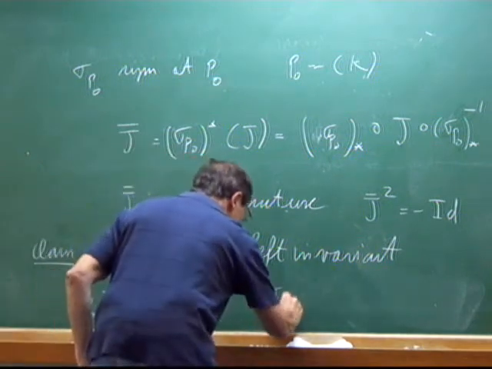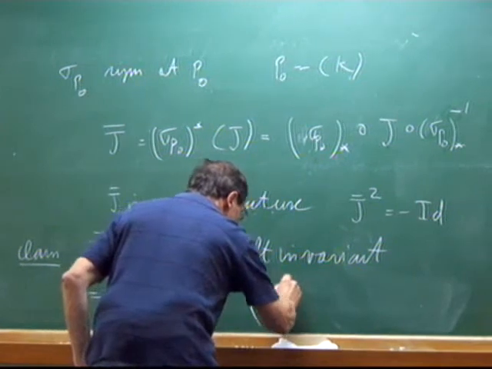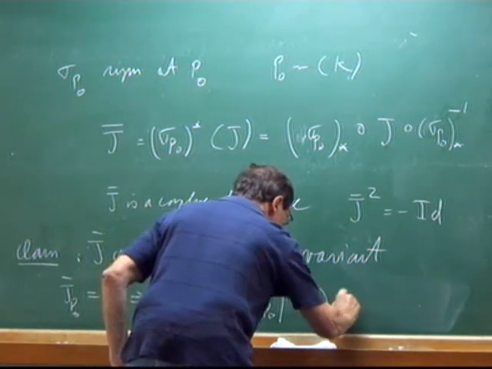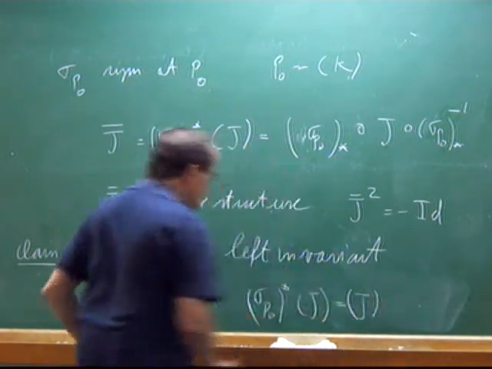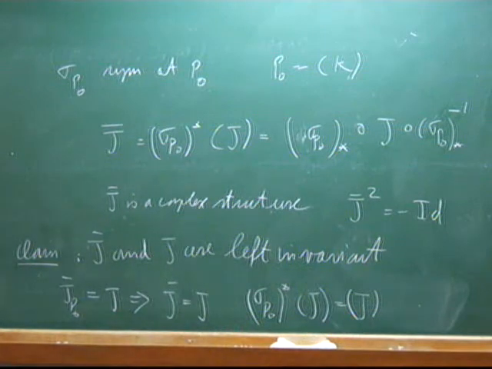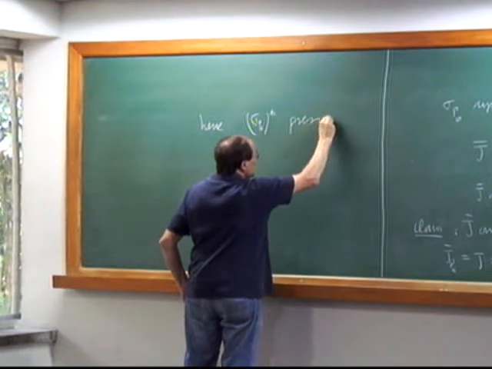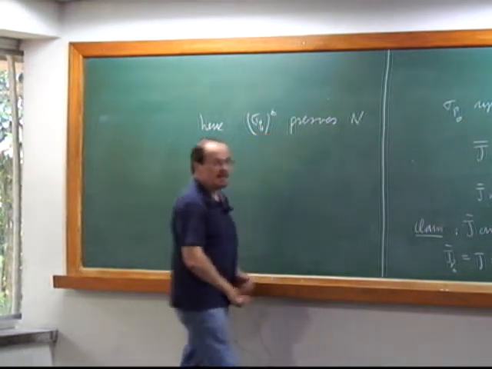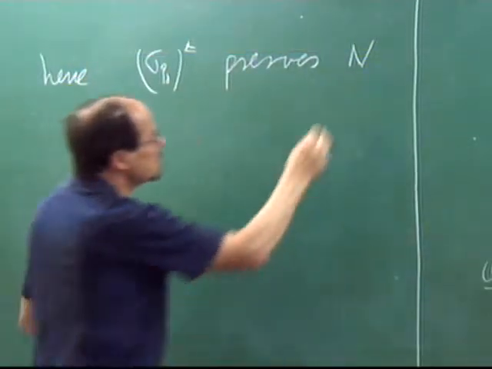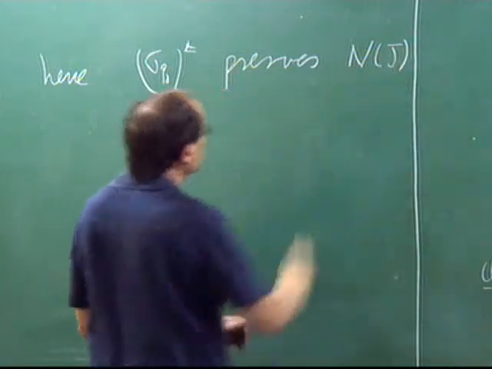So in other words, the symmetry preserves the complex structure J that we've defined over there. And now I can finish in several different ways. For example, I could say hence sigma P naught star preserves the Nijenhuis tensor N for the complex structure that we defined on Tuesday.